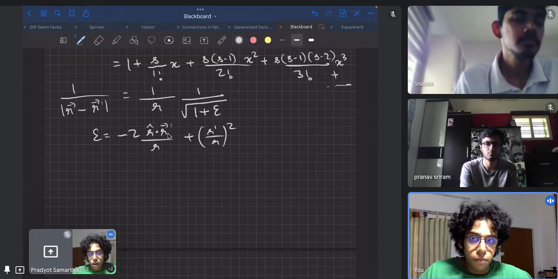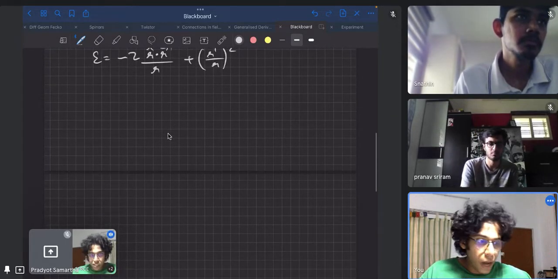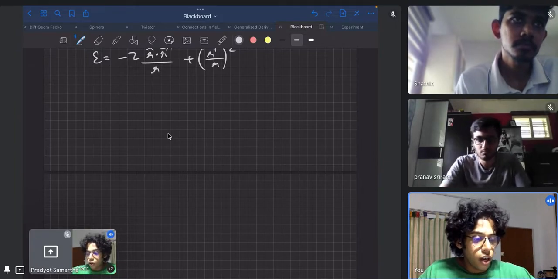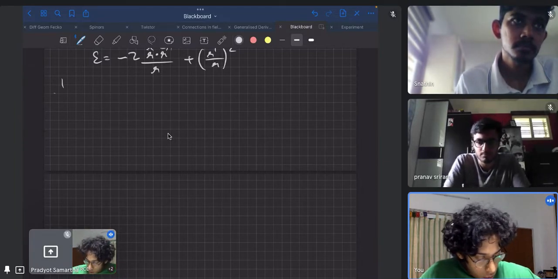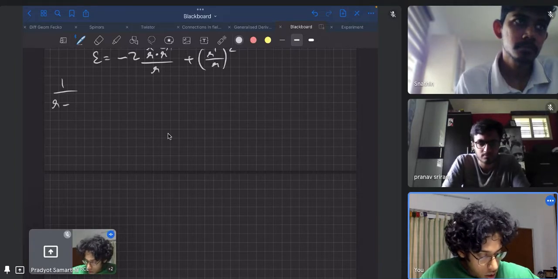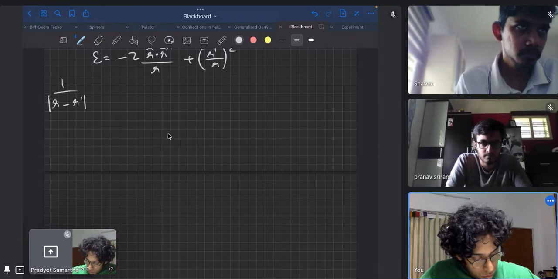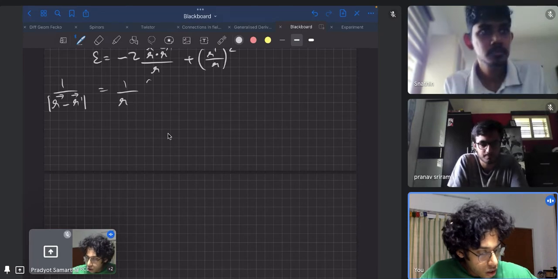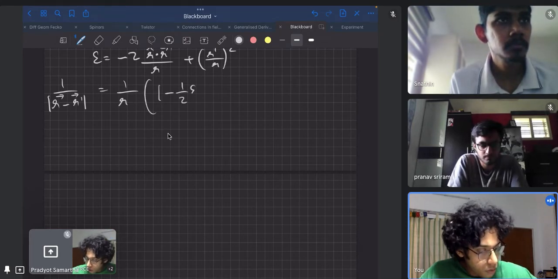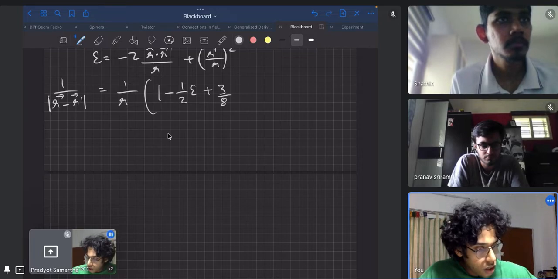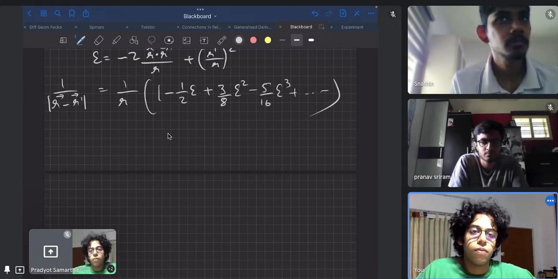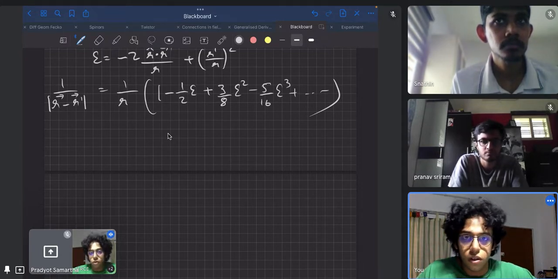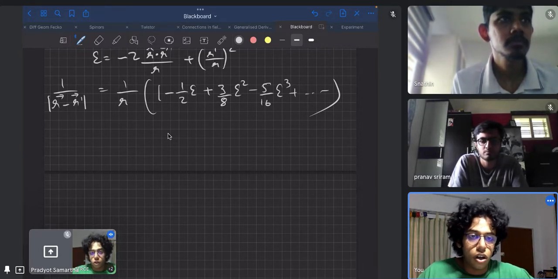Now when you expand it, you end up getting 1 by r minus r prime is equal to 1 by r into 1 minus half epsilon plus 3 by 8 epsilon square minus 5 by 16 epsilon cube plus so on. So you get a polynomial in terms of epsilon.